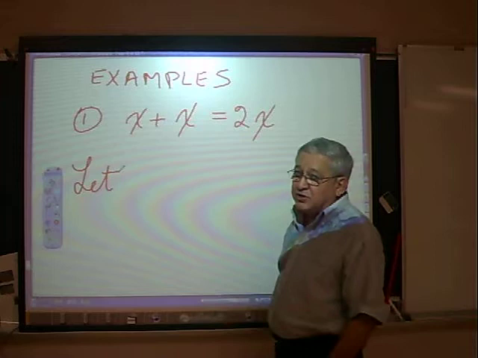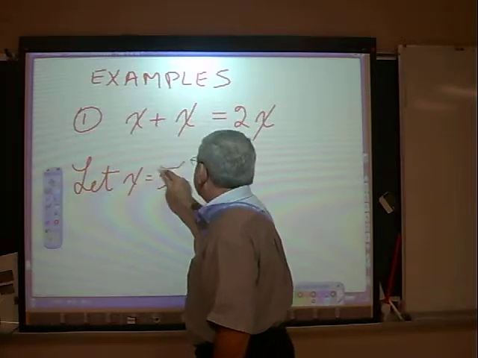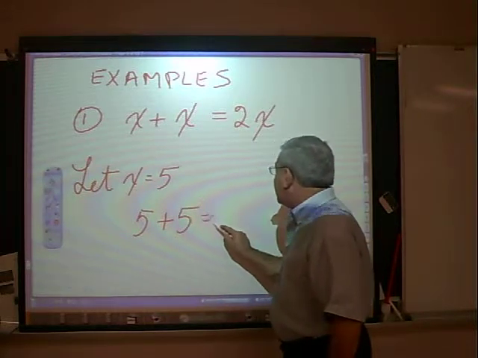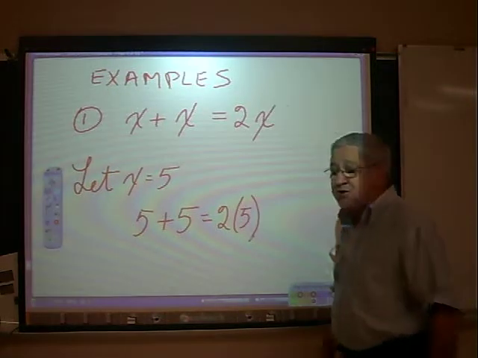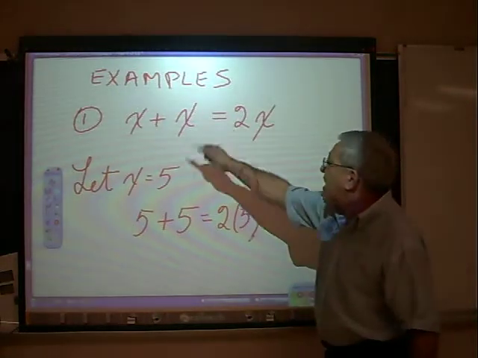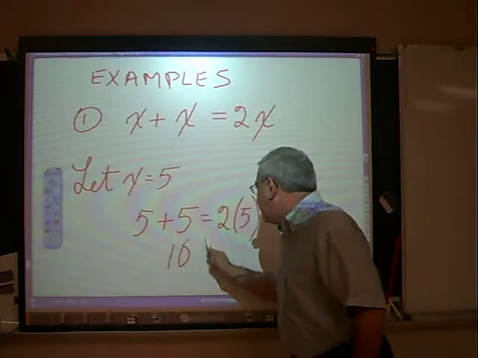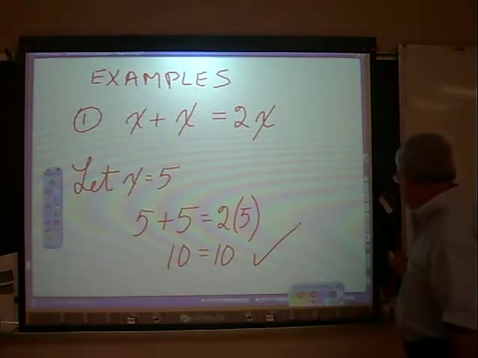Something like 5 usually works pretty well. So let x equal 5 and see what happens here. We have 5 plus 5 equals 2 times 5. Now, if that's true, then we probably know that we added x plus x together correctly when we got 2x. So 10 is equal to 10, so we know we did it correctly.